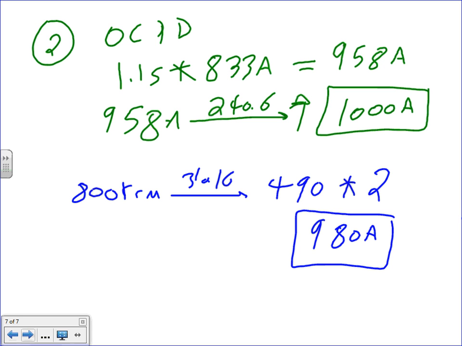The only test that I would do is now my conductors are rated for 980 and my overcurrent protection device is rated for 1,000. Remember the 800 rule? Based on the 800 rule, my overcurrent protection device can be slightly higher than my conductor.